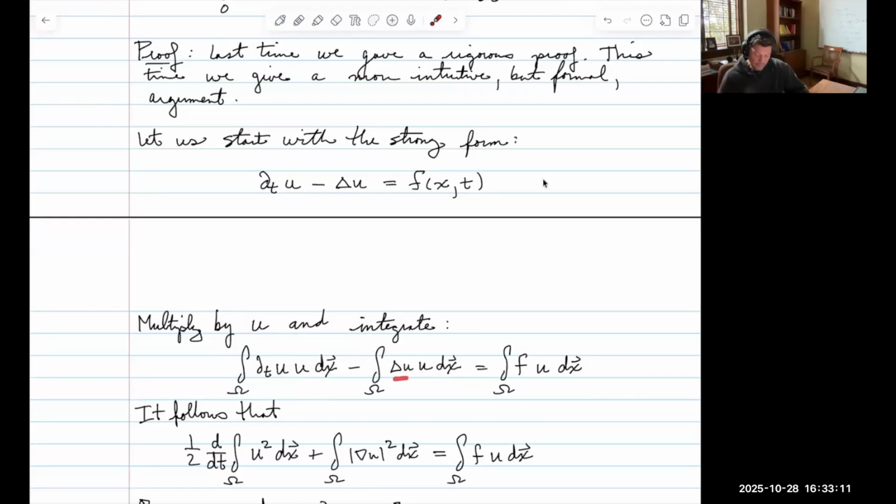I'm going to keep one derivative here and then I'll have one derivative here, but that changes the sign. What I get is nabla u dot nabla u, or in other words, this integral becomes that integral. What happened to the boundary integral? The boundary integral vanishes because I'm using that u is equal to 0 on the boundary. Okay, I'm using boundary conditions.